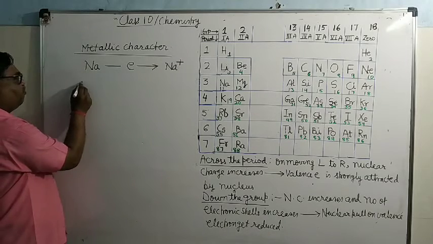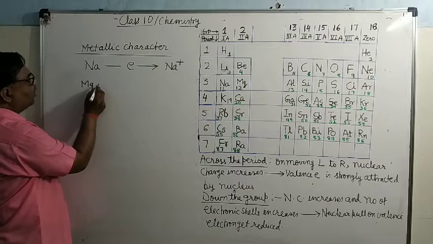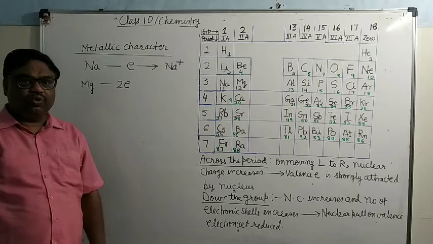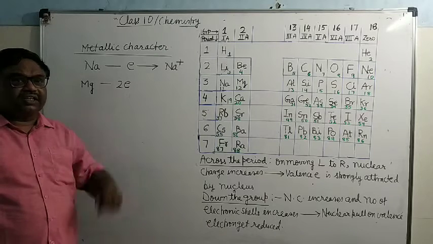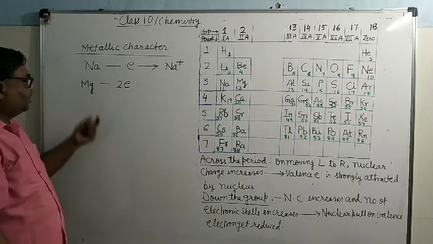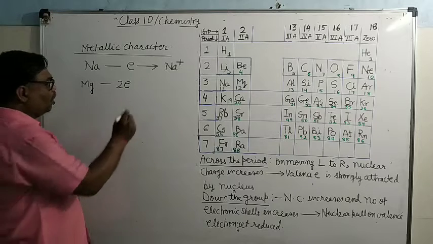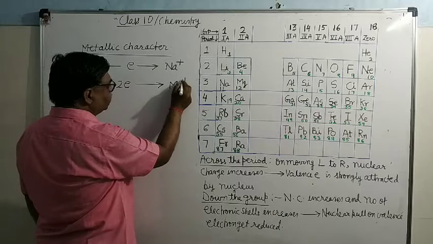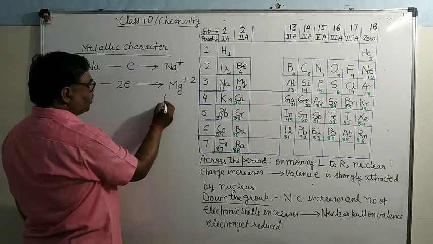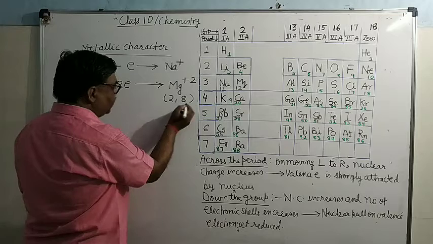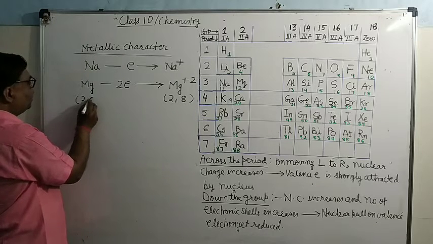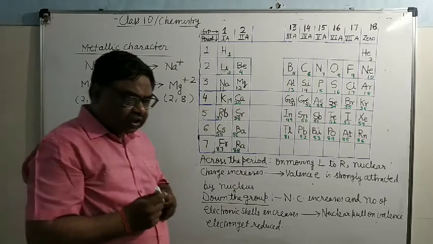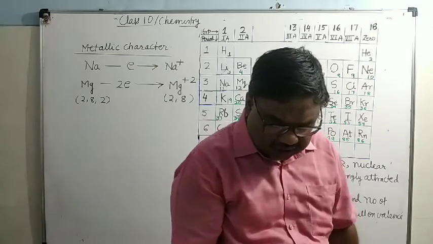Magnesium loses 2 electrons in order to achieve the octet structure in the valence shell. Here it is 2, 8, 2. When it loses them, it becomes Mg2+ with the electronic configuration 2, 8. So metals are those which have a tendency to lose electrons.